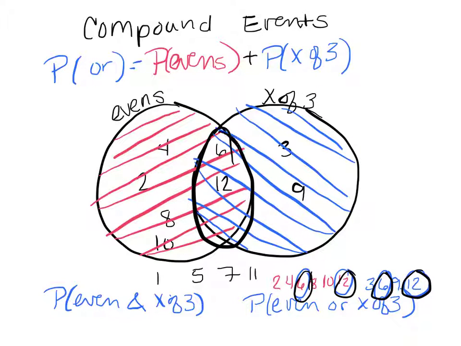They're both pink and blue. So what I need to do is take it out once. And then that'll take care of that intersection part. So you're going to have to do that quite a bit when you have a probability of an or. So let me show you just the definition for that.